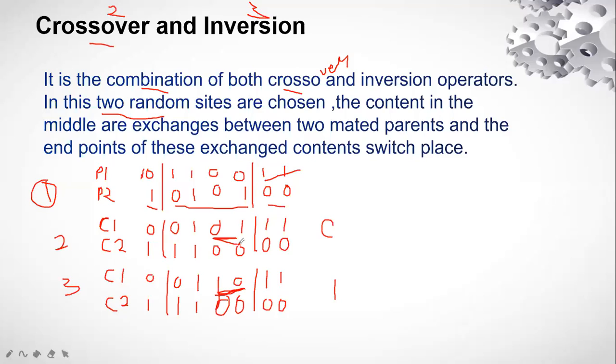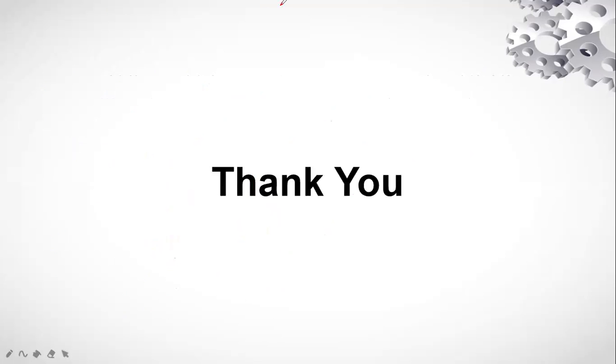Then if it is crossover and inversion, we apply the second step as crossover and the third step as inversion. The first step will always remain the same, that is selecting the 2 random sites. So I hope you have understood all these operators which are useful in the genetic algorithm. That's all for today's lecture. Thank you.